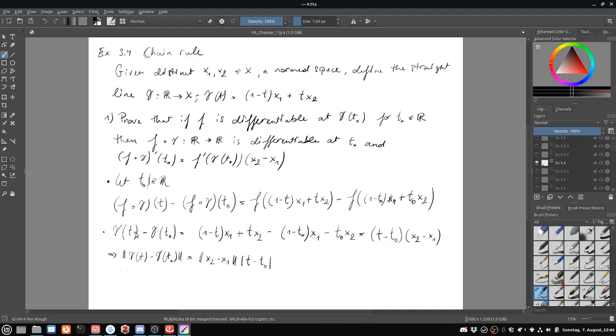First I sort of manipulate gamma t minus gamma t0, and then the norm is just this expression: norm of gamma of t, x2 times the absolute value of t.